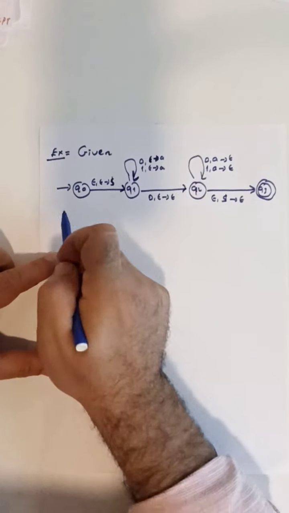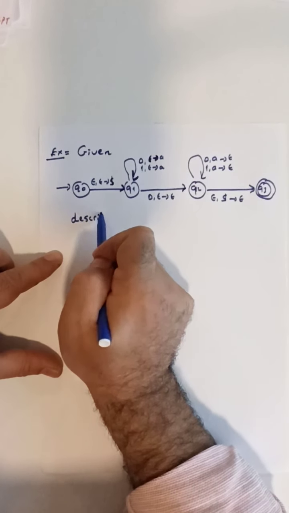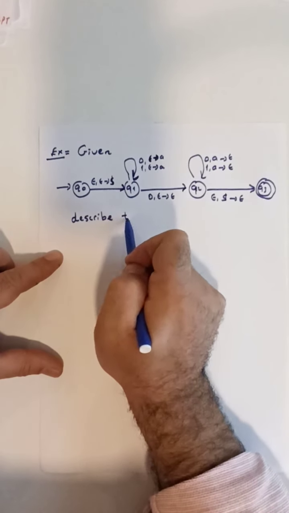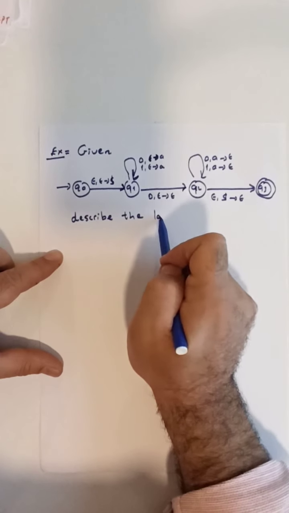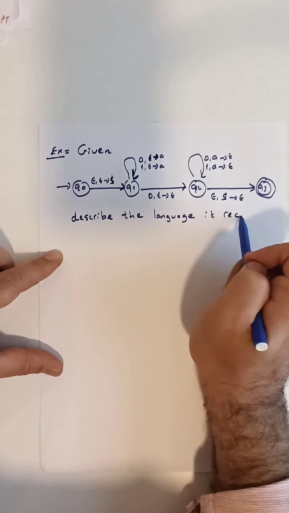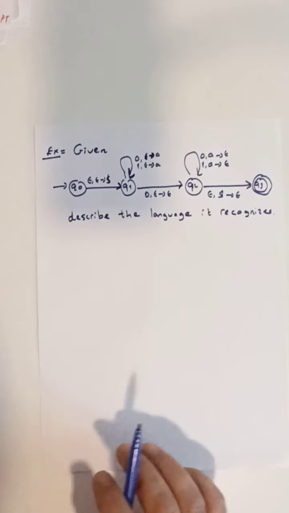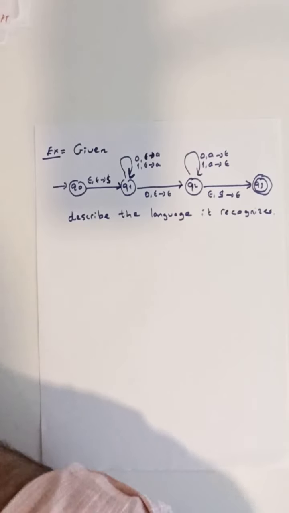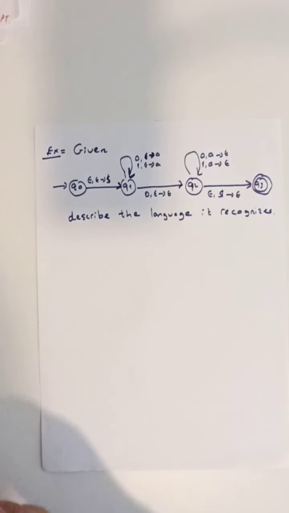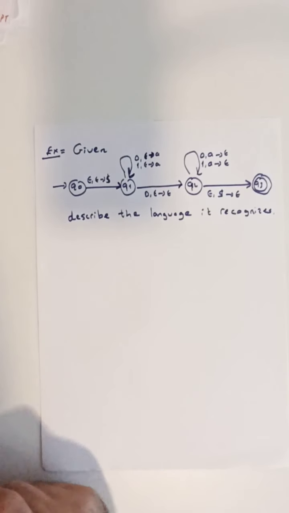So given such a PDA, we want to describe the language it recognizes. Let's try to see if we can find a description for the strings that are accepted by this machine.